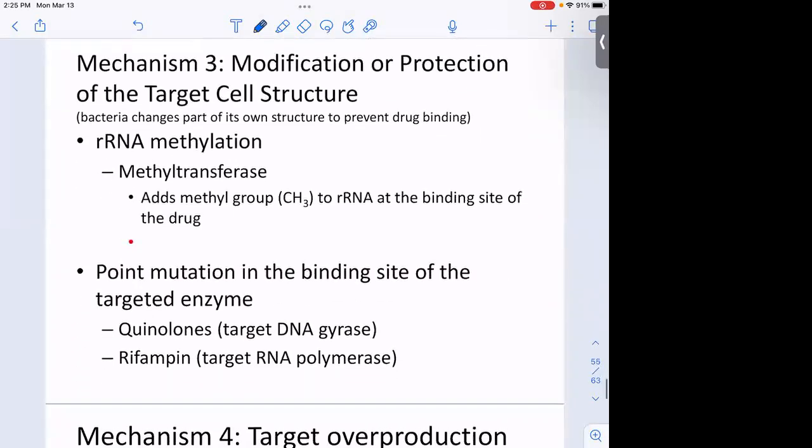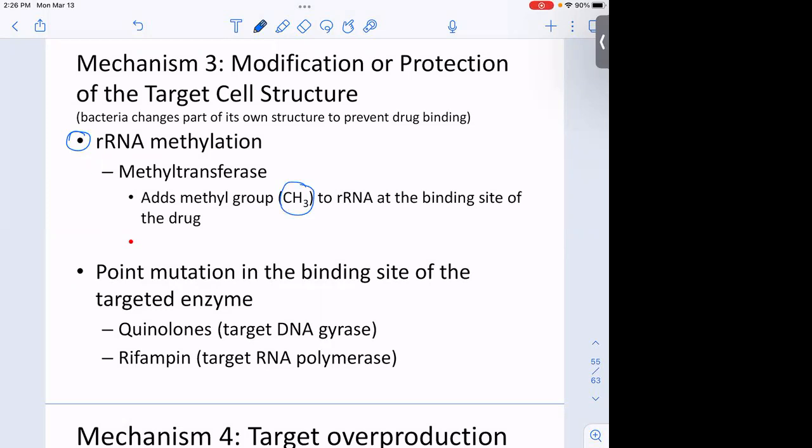Sometimes the bacteria can modify itself. So rather than changing the drug, it can modify itself so the drug can't bind. Here's a couple of examples of that. Some bacteria can methylate their ribosomal RNA, so add a methyl group, that's just a CH3 group.